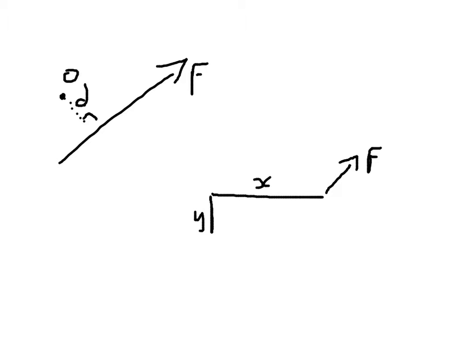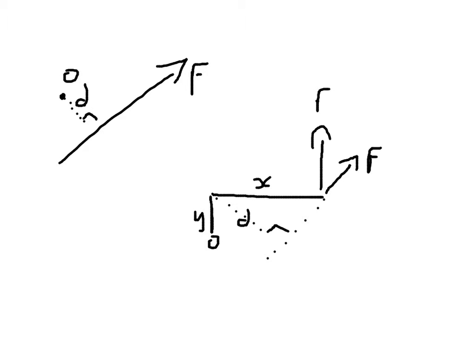Then, if you don't know the distance to O, as in the distance perpendicularly, that distance there, what you can do is resolve your forces as we were in previous lectures.